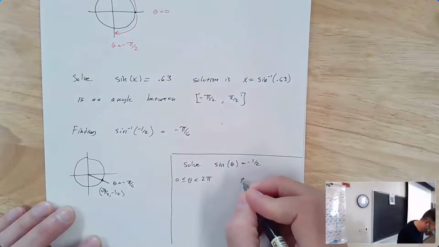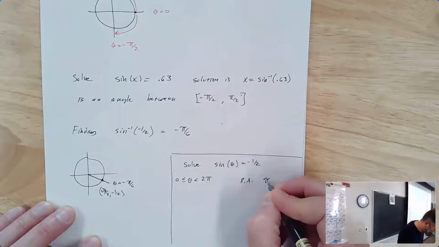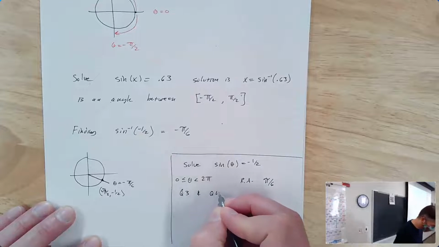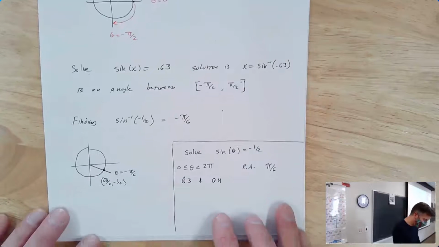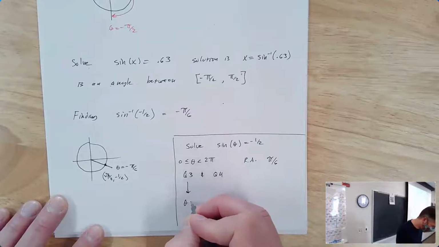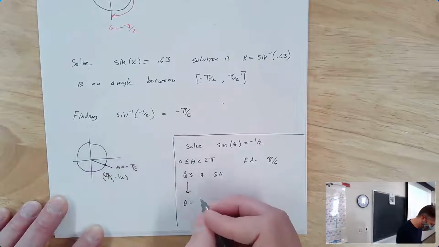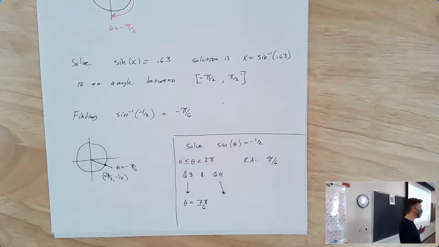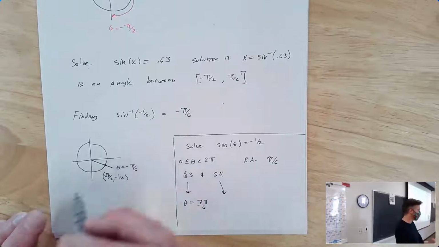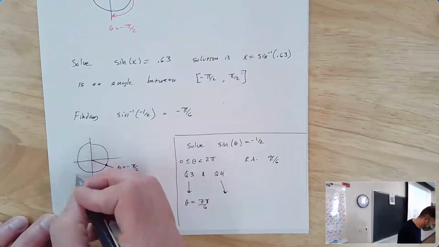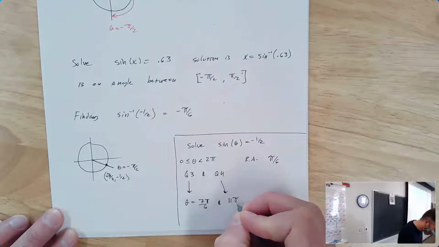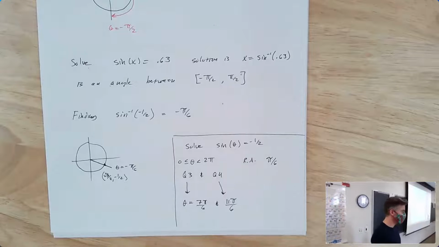So our reference angle here is still pi over 6, and our quadrants are quadrant 3 and quadrant 4. In quadrant 3, our angle is going to be pi plus pi over 6, which is 7 pi over 6. And in quadrant 4, our angle isn't going to be negative pi over 4, sorry, negative pi over 6, apologies. It's going to be positive 11 pi over 6. It's a coterminal angle, but it feels a little bit different.